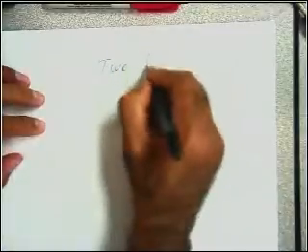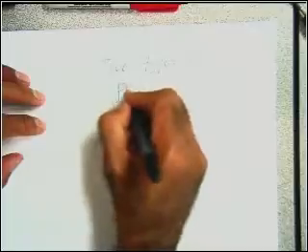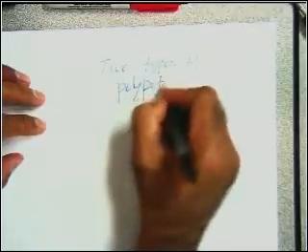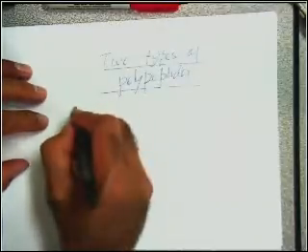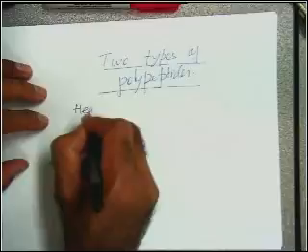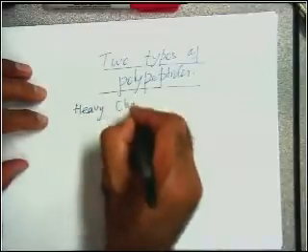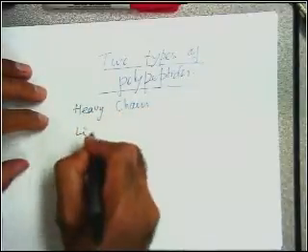There are two types of polypeptide chain: heavy chain and light chain.